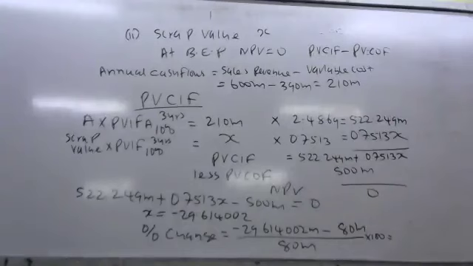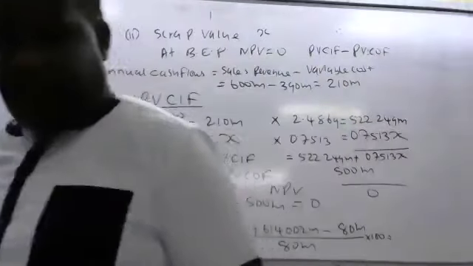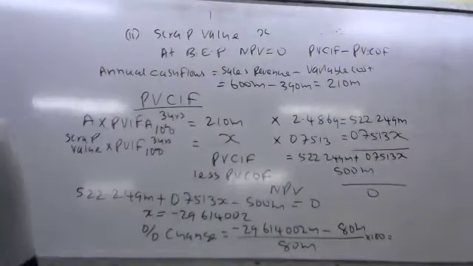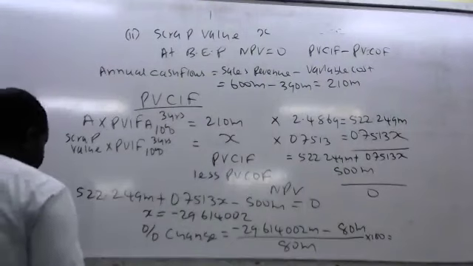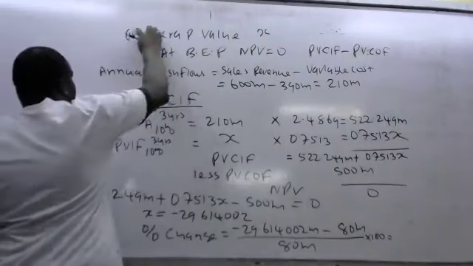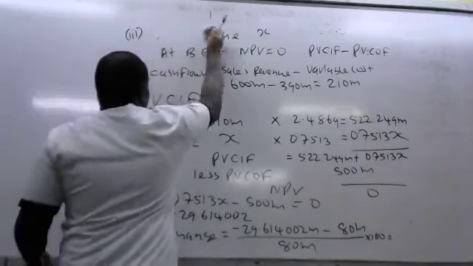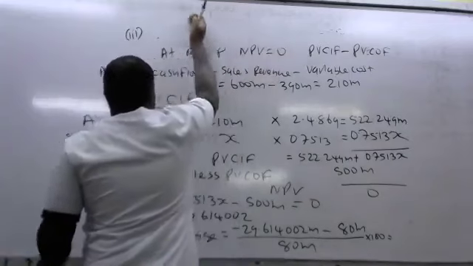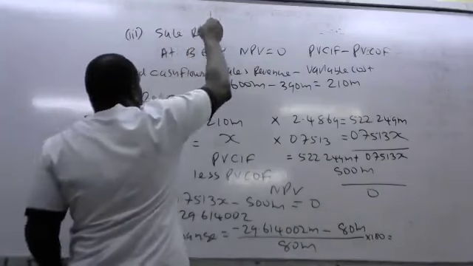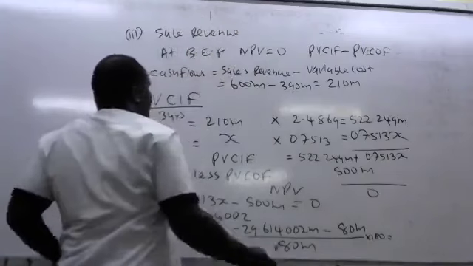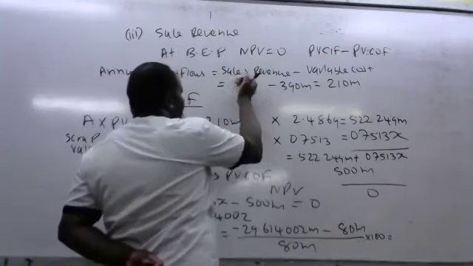So Roman letter 3 was which item? So the next one is meant to be now the sales revenue. So number 3 will now be the sales revenue. Sales revenue will have an effect at this point.